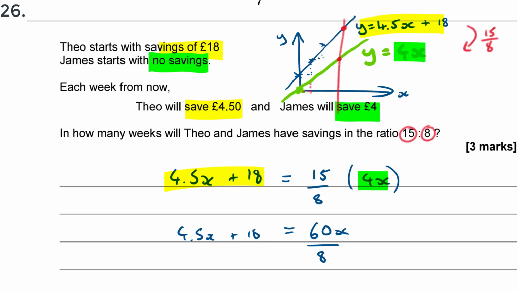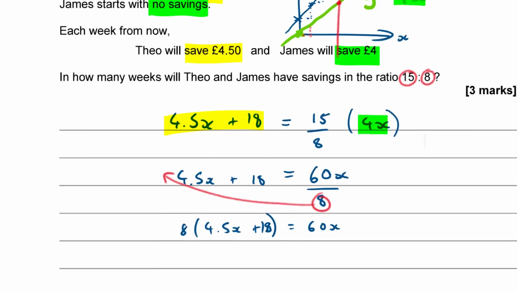I'm tempted to cross multiply that 8 to get rid of it. So let's take that 8 and move it over here. So that's going to give me 8 lots of (4.5x plus 18), and that's equal to 60x.